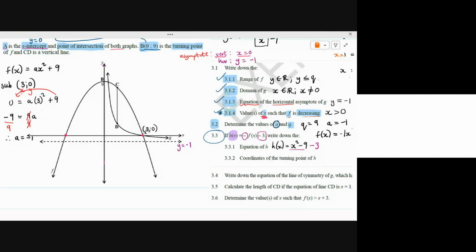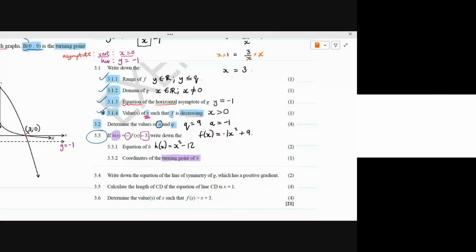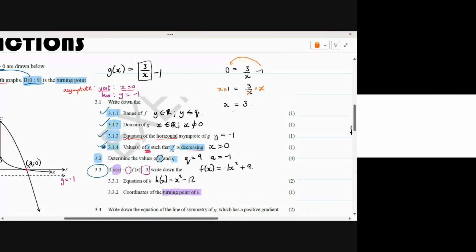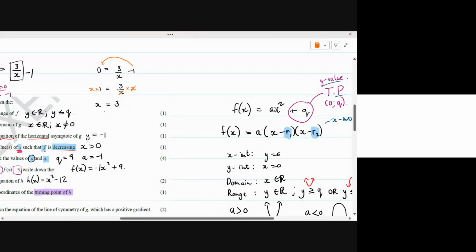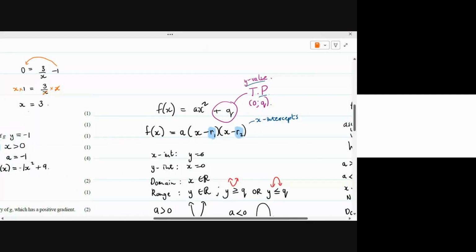Let's look at the next question. Sorry, we figured out that h of x is equal to x squared minus 12. Now it wants the coordinates of the turning point of h. Let's go back to our equations. We remember that the turning point is the Q value, and it's always 0 and whatever the Q value is.